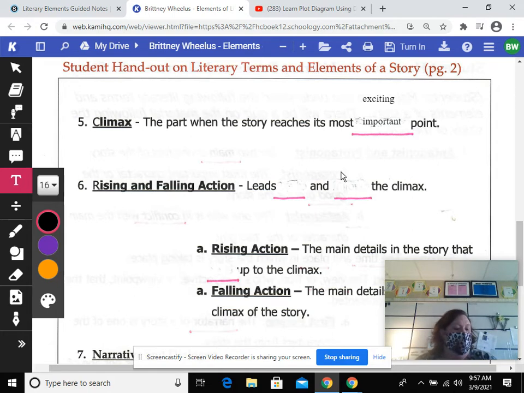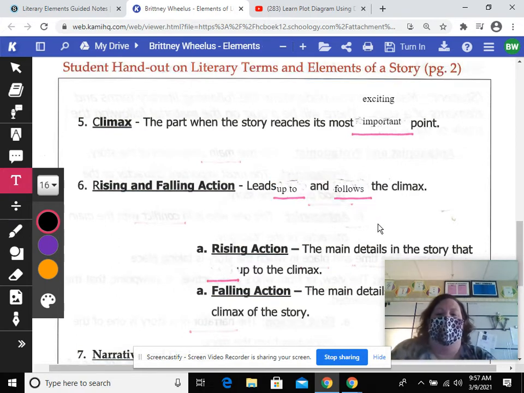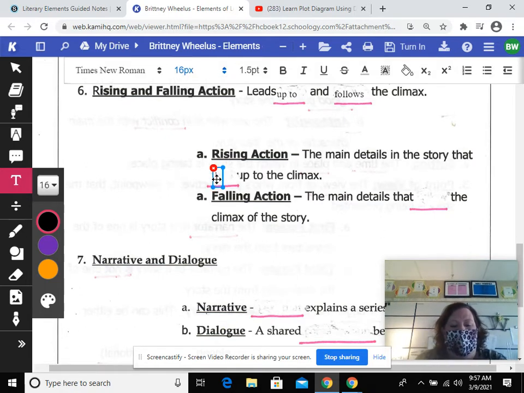All right, rising and falling action. Okay, the leads up to and follows the climax. Leads up to and follows the climax. All right, rising action, the main details in the story that lead up to the climax.